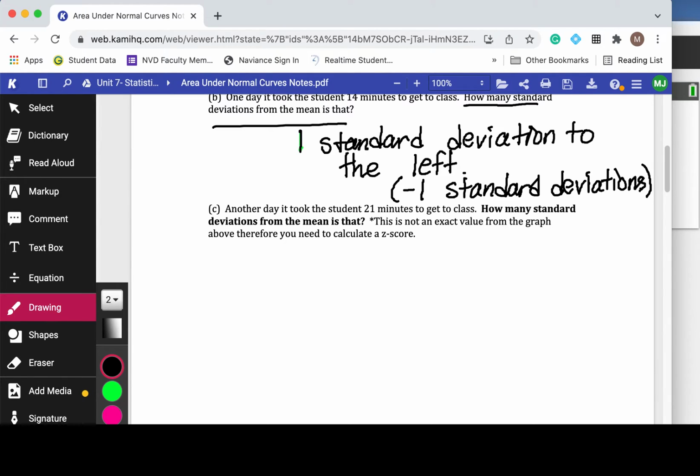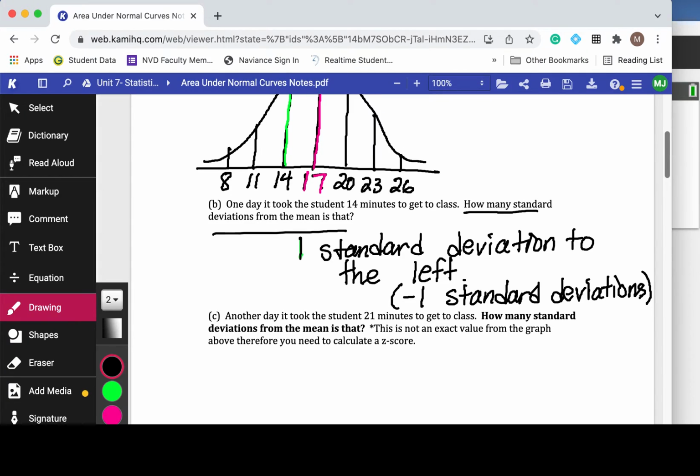Okay. This one says another day it took the student 21 minutes to get to class. How many standard deviations from the mean is that? If we look at our graph, 21 is not on there, so we need to use that z-score or z-value option and do 21 minus 17, which is the mean, over 3, which is the standard deviation.